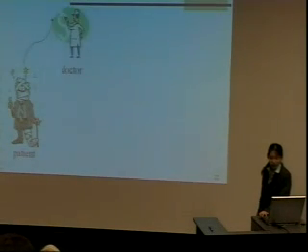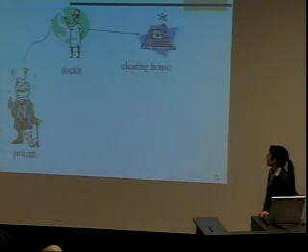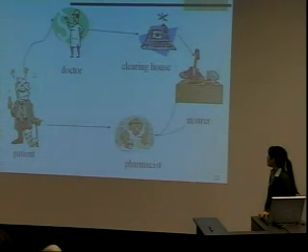So again, the patient goes to see a doctor who then prescribes the medicine, but then after that, the doctor contacts a third-party clearinghouse, and the clearinghouse checks to see if there are any drug interactions, and if not, then the clearinghouse forwards the prescription information to the insurer. The patient then goes to see the pharmacist. The pharmacist retrieves the prescription information from the insurer, then dispenses the drug to the patient.